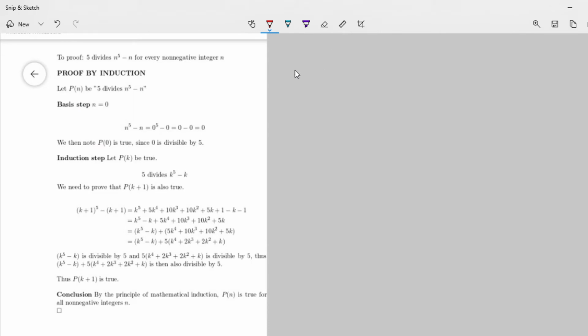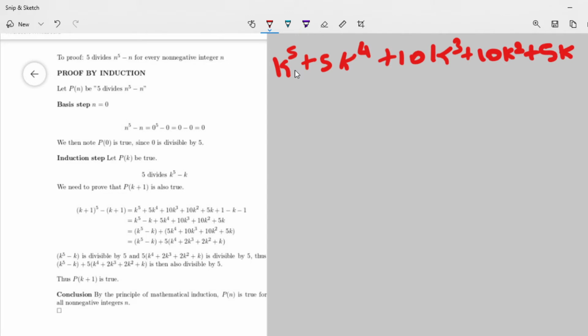So now we are going to arrange the values. What value did we get previously? k^5 plus 5k^4 plus 10k^3 plus 10k^2 plus 5k plus 1 minus k minus 1. Now we are going to arrange this. So k^5 minus k, then I am keeping the other things.